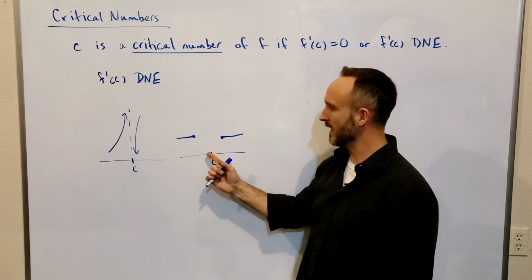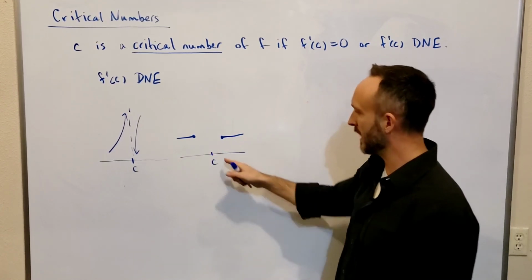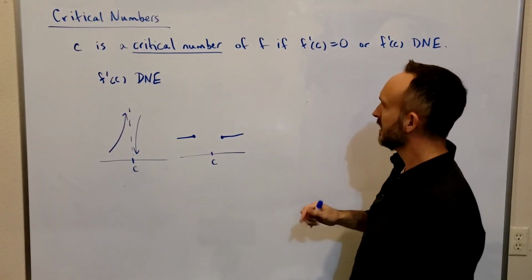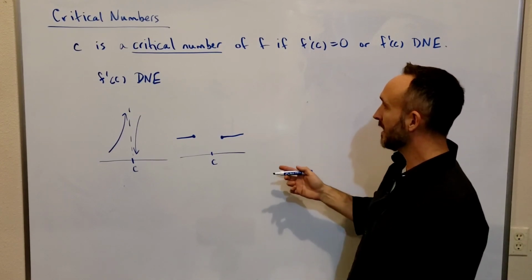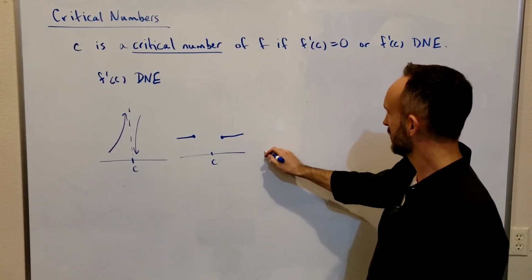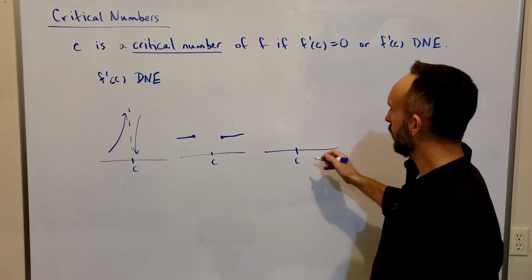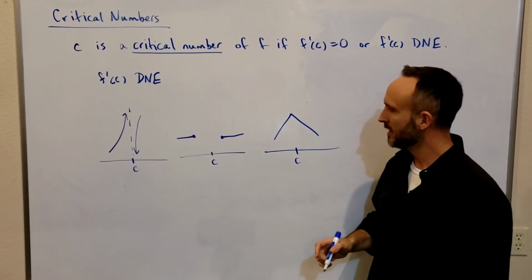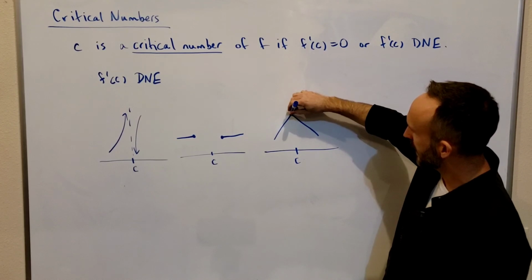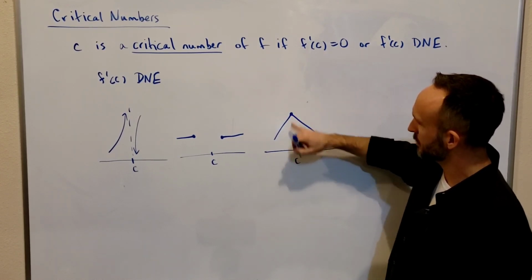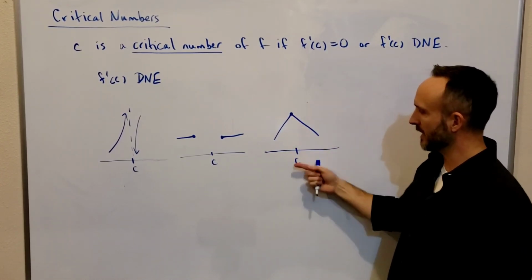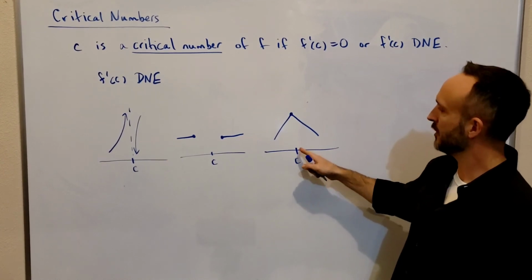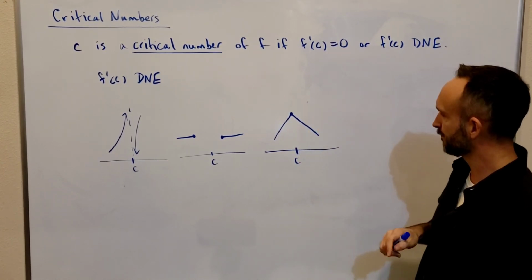So it's not even defined on either side of C or at C itself. It may not be differentiable at C. It won't be differentiable at C if you have a sharp point at C. But in this case, you have a relative maximum at C. Similarly, you could have a relative minimum at C if you had a sharp point at the bottom.